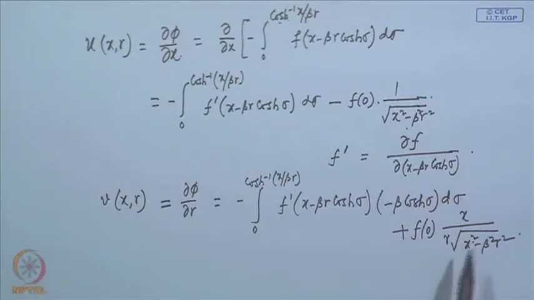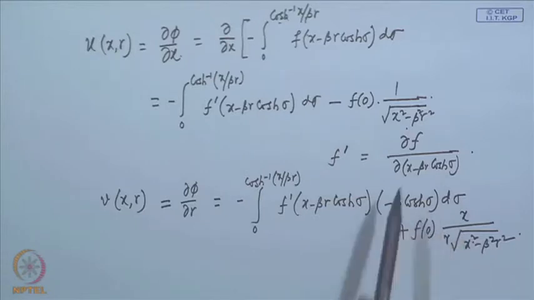This happens to be the derivative of the upper limit with respect to r, while this is the derivative of the upper limit with respect to x.